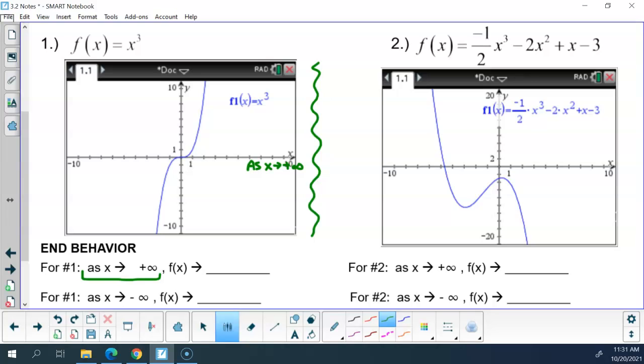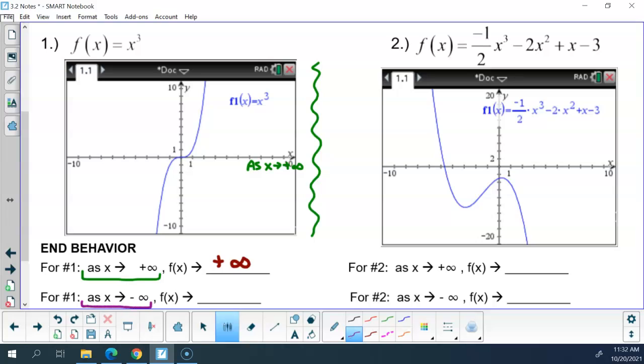What's my function going to? f of x is going to, in this case, positive infinity because it is going up. So that's the right side.